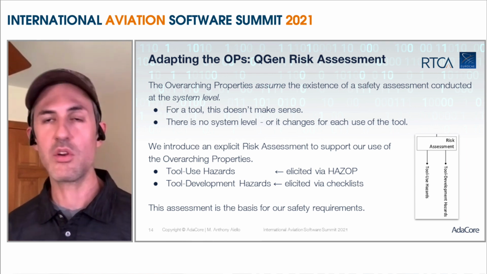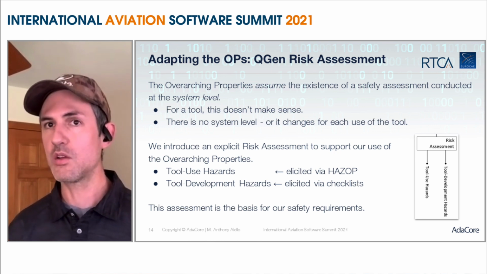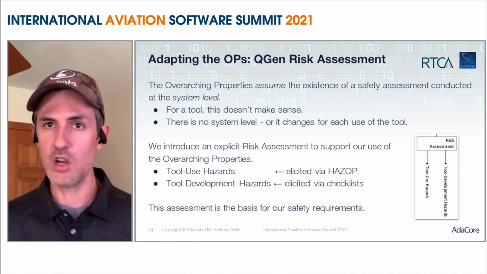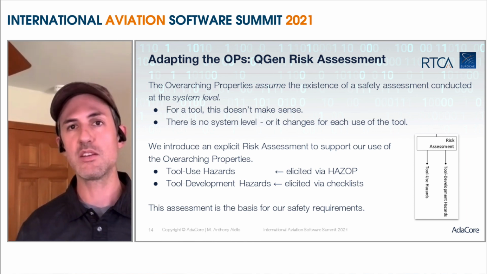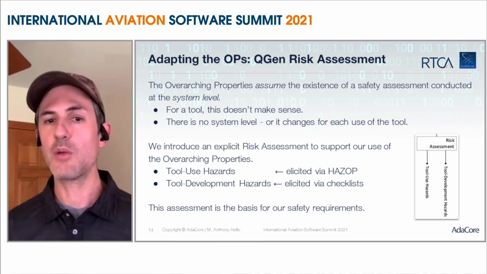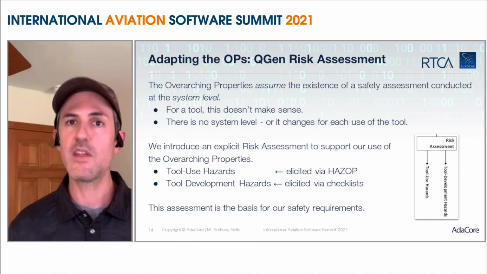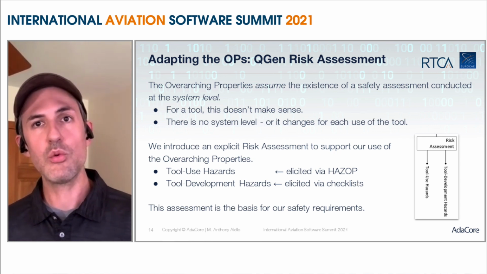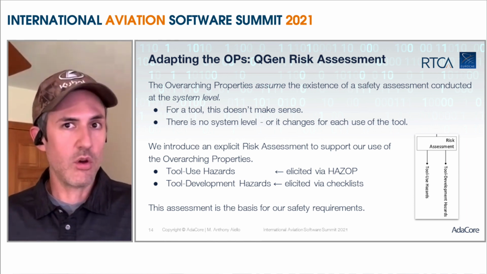The overarching properties were originally intended for the development of an item or multiple items in the development of a system like an aircraft. And there, because of this assumed system context, the overarching properties assume the existence of a safety assessment that would be conducted at the system level. For a tool, this assumption doesn't really make sense, and arguably it doesn't hold.